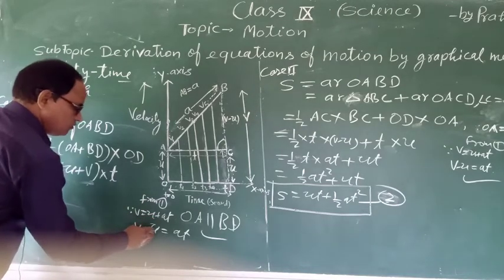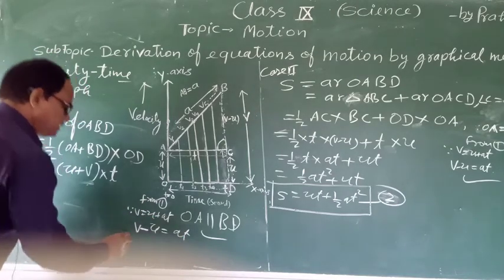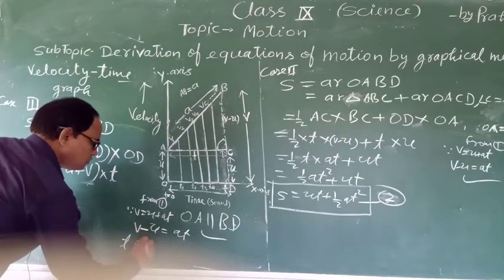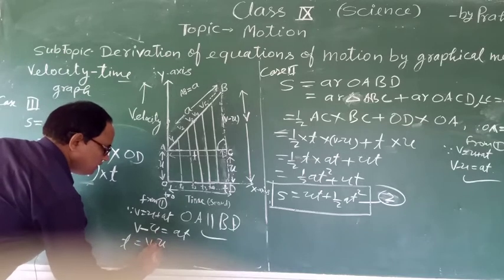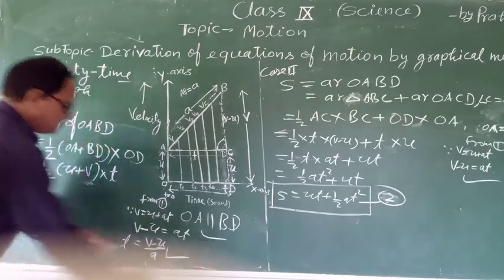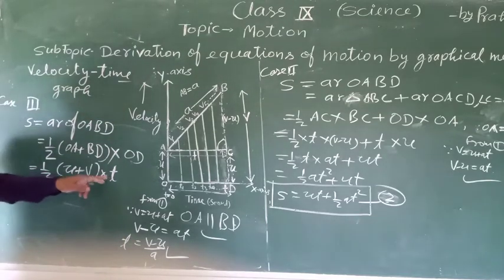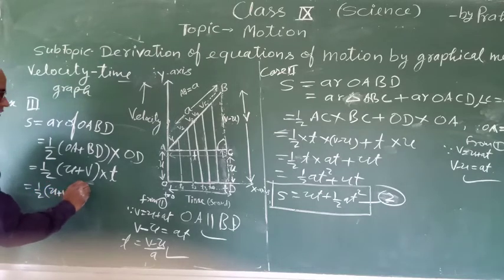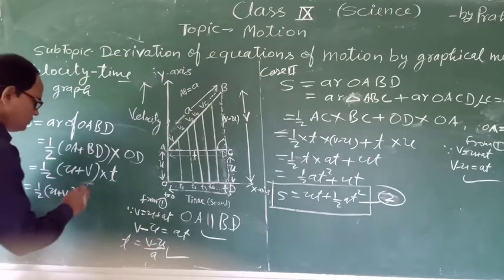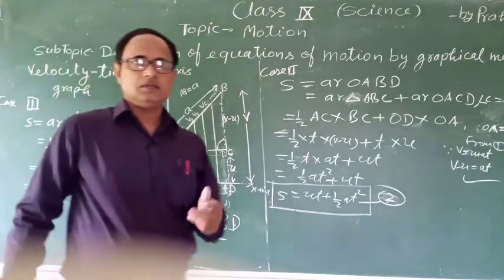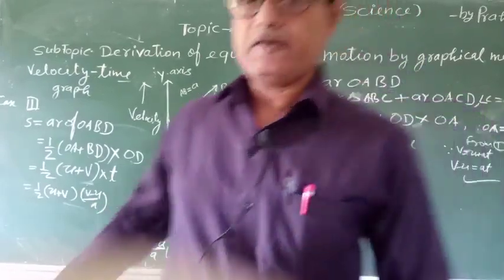So v minus u is equal to at, and we can write t is equal to v minus u by a. By this relation we find t. Here we can write 1 by 2 into u plus v into t, which is v minus u by a. This is very important, look here.